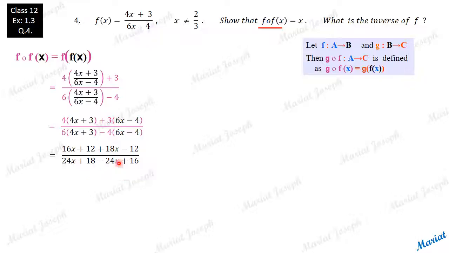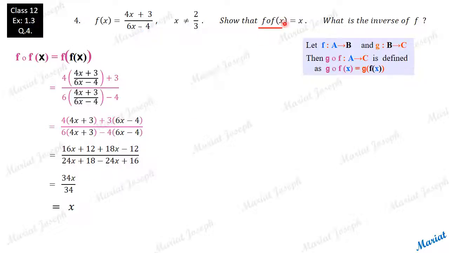Club the like terms. 12 and minus 12, 0. 18x plus 16x, 34x. Minus 24x plus 24x, 0. 18 plus 16 is another 34. So we are getting it is equal to x, which is what we wanted to prove. f∘f(x) is equal to x, yes, we could get.